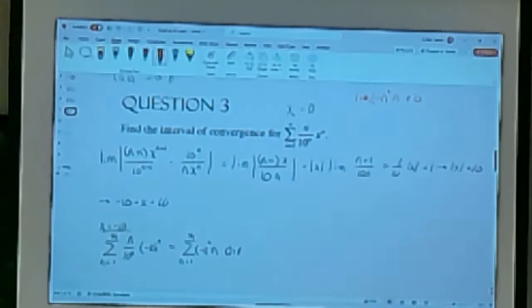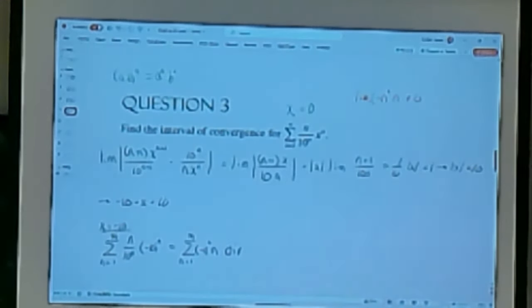Now, if x equals 10, how would that simplify? So you're going to get just n.